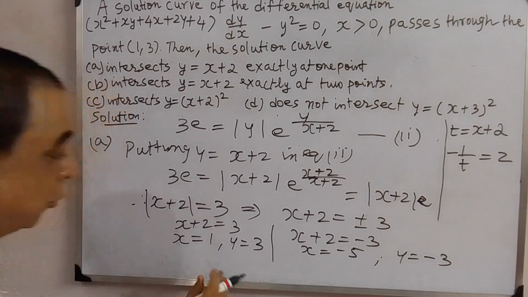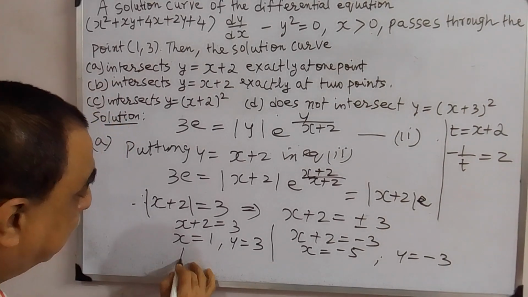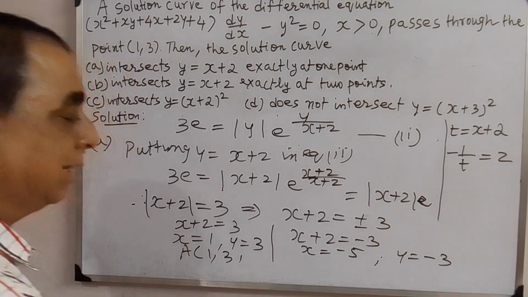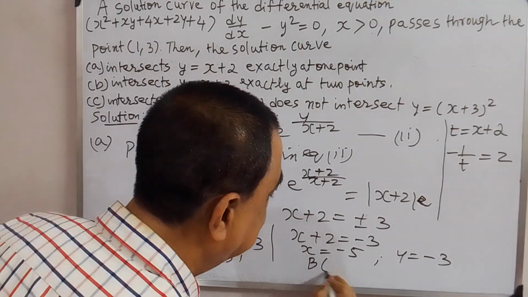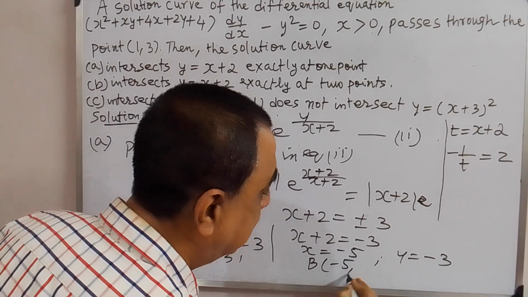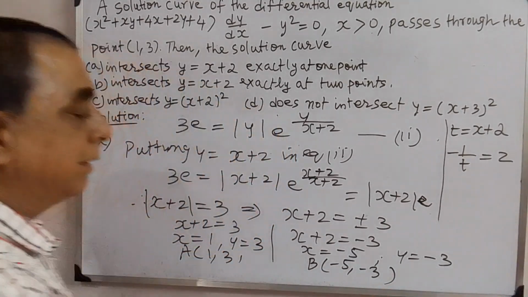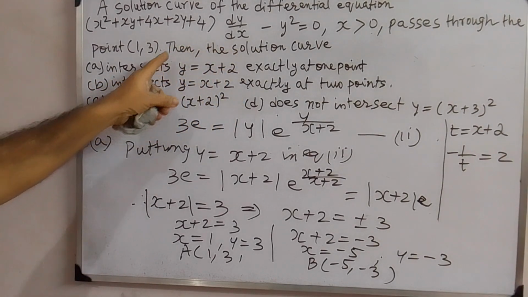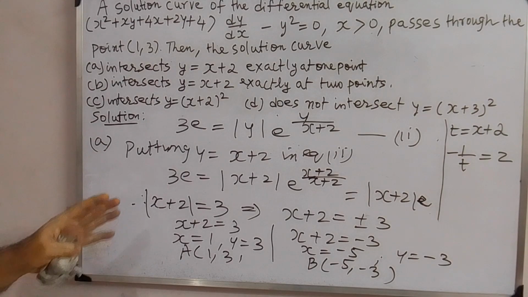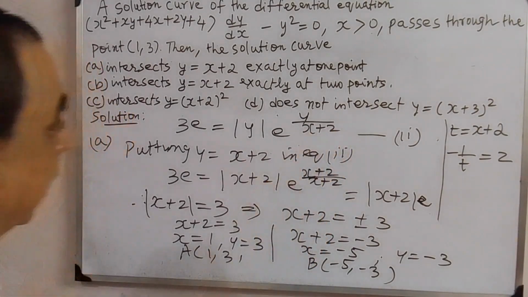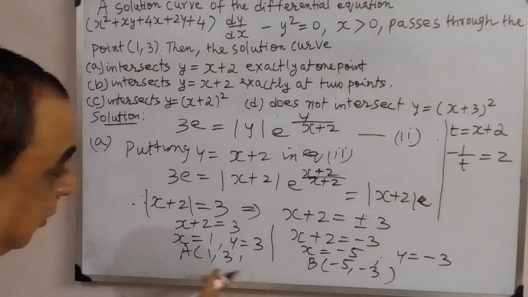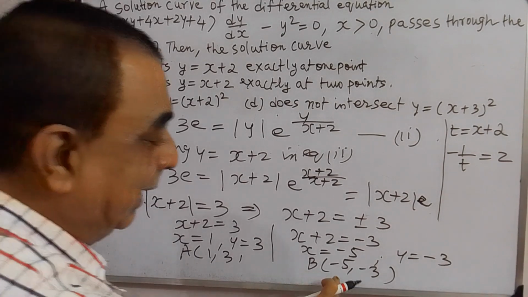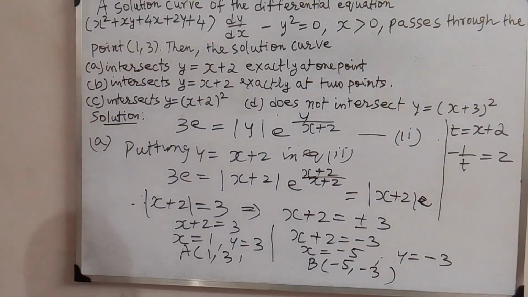So we are getting 2 points: one point is (1, 3), x coordinate 1 and y coordinate 3, and another point is (minus 5, minus 3). So this line y equals x plus 2 is intersecting this curve at 2 points.